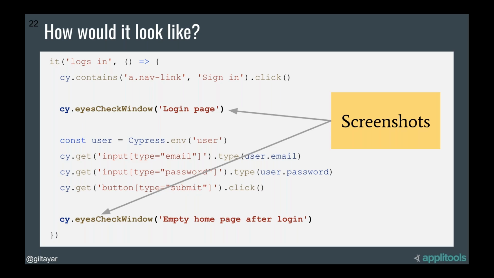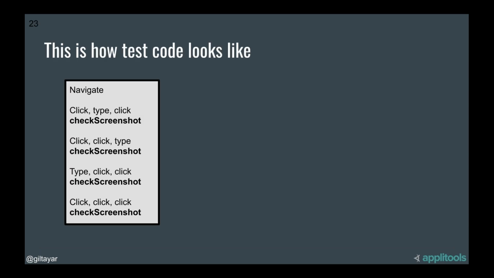So it's that simple. You still have to npm install the ICE Cypress, just like you npm install Cypress itself. But other than that, you just do a site.iceCheckWindow wherever you want, and you're done.